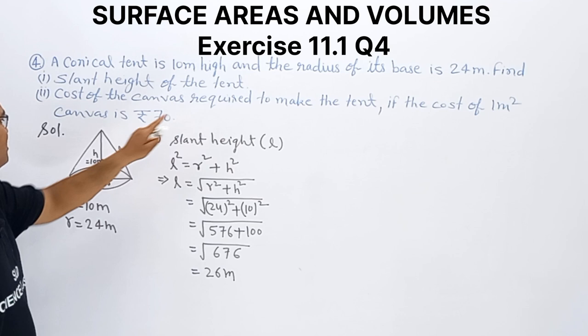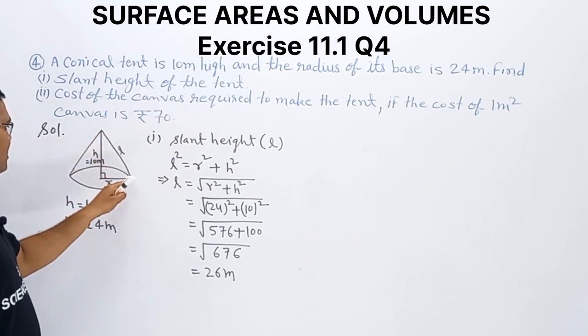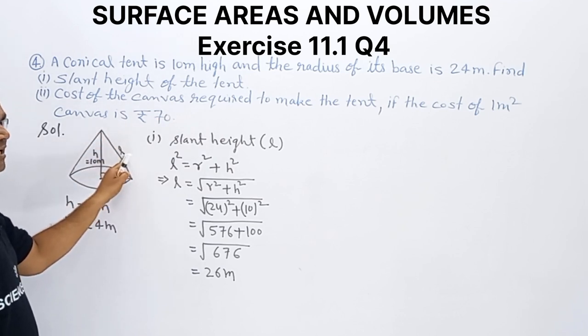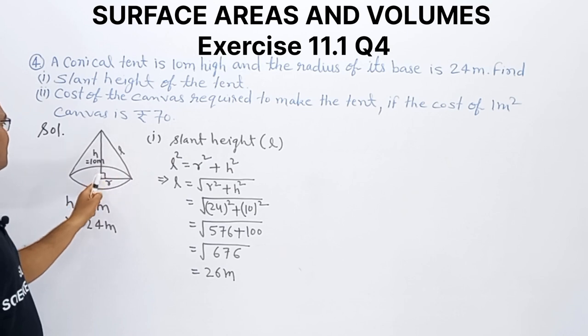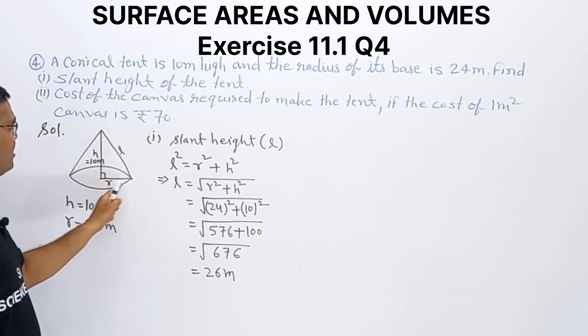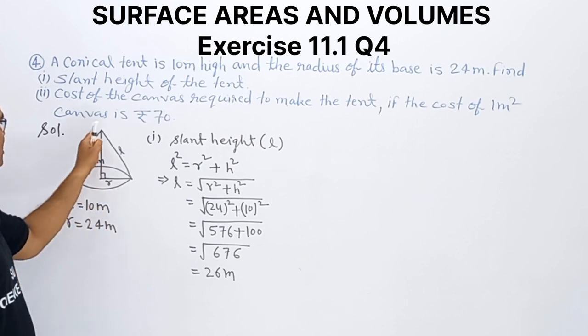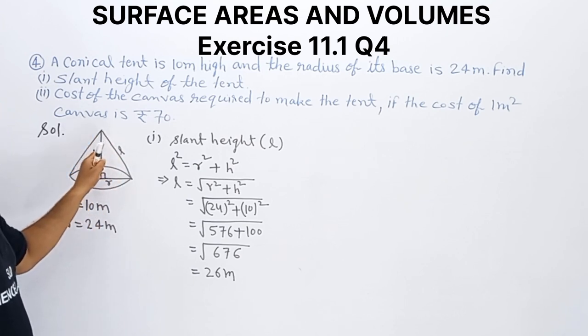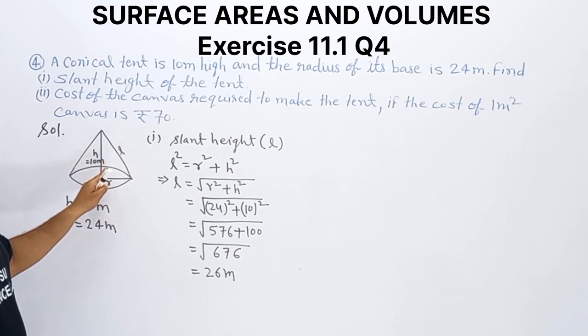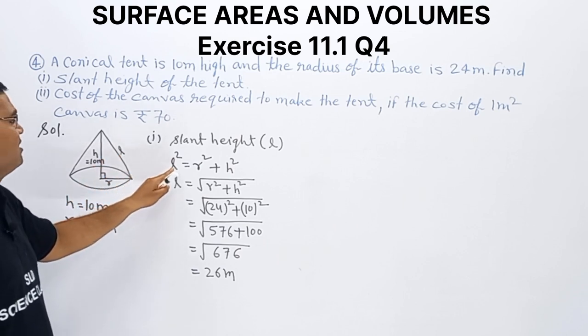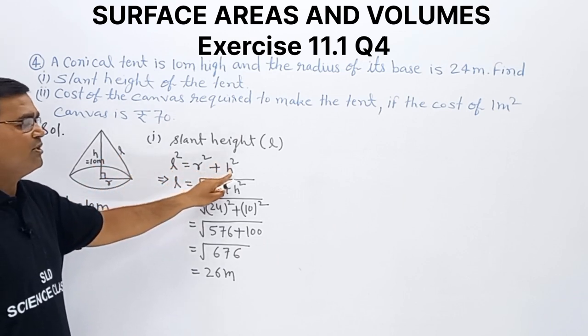Slant height of the tent. This is the conical tent. Its slant height we assumed is L, its height given is 10 meter, and the base radius r is given as 24. This is a right triangle, so we can use the Pythagoras theorem: L square equal to r square plus h square.